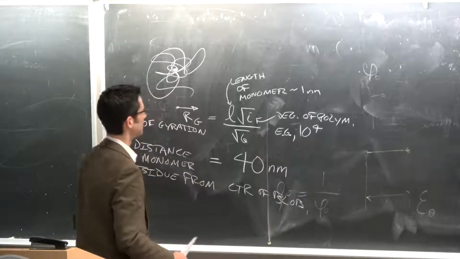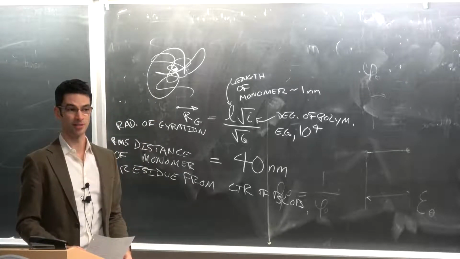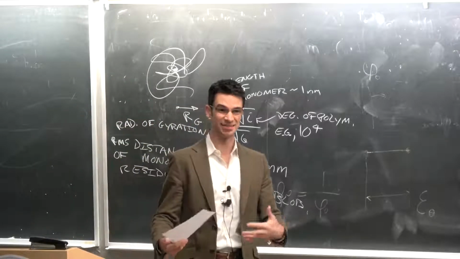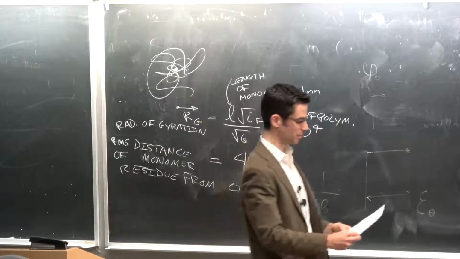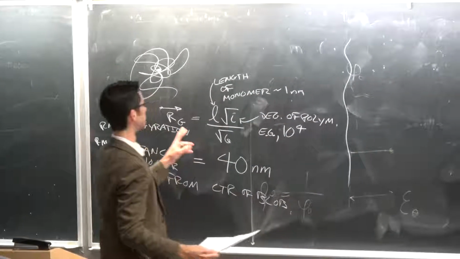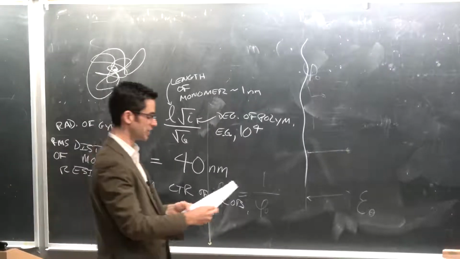Now, a lot of this space is not taken up by the polymer, by the actual electron density of the atoms that make the polymer up. So let's compare the actual volume of the polymer to the gyration volume.